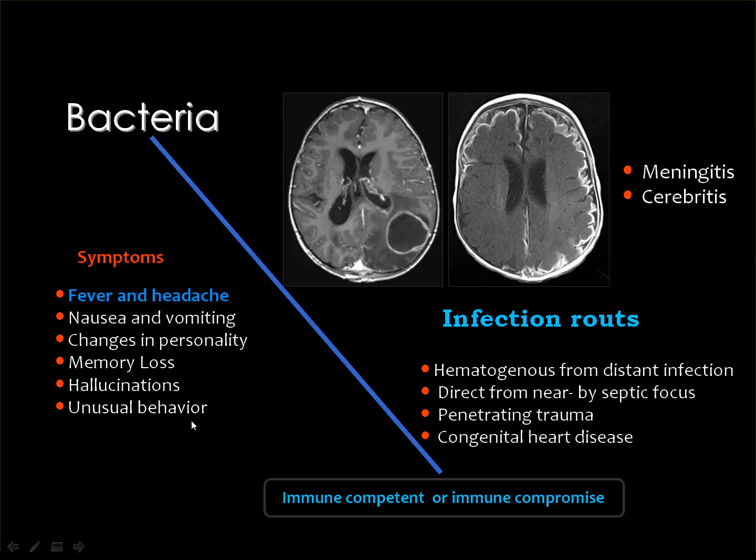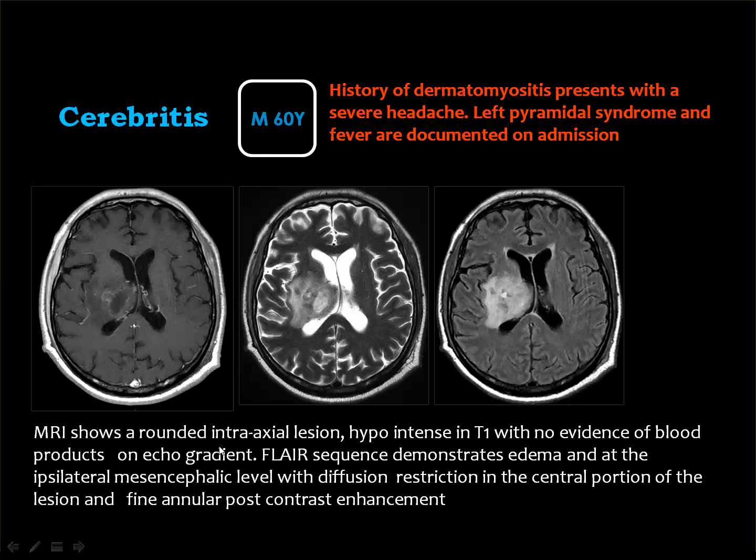Bacterial infection is seen in immune competent or immune compromised patients, but viral and fungal infections are usually seen in immune compromised patients. The very early affection of the brain parenchyma will result in what is known as cerebritis. And this cerebritis by time will proceed to liquefaction and abscess formation.